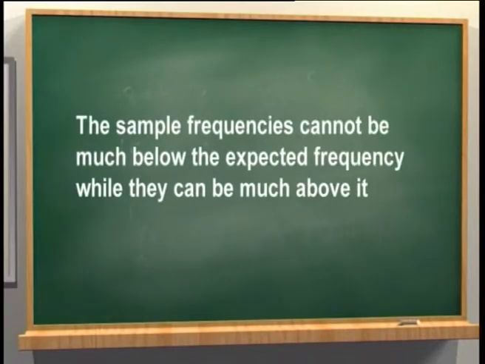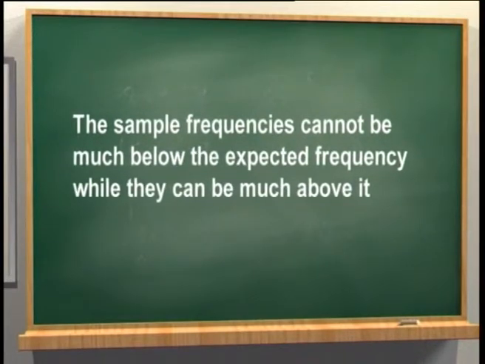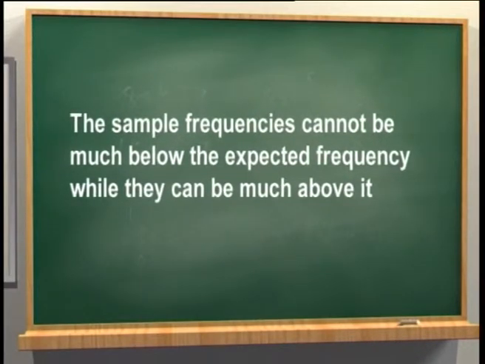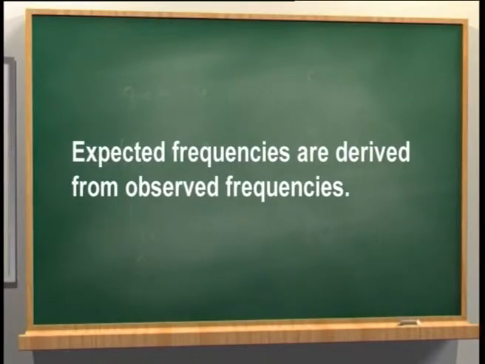Since frequencies cannot be negative, the distribution cannot be normal when expected population values are close to 0, since the sample frequencies cannot be much below the expected frequency, while they can be much above it. The smaller the expected frequencies, the less valid are the results of the chi-square test. Expected frequencies are derived from observed frequencies.